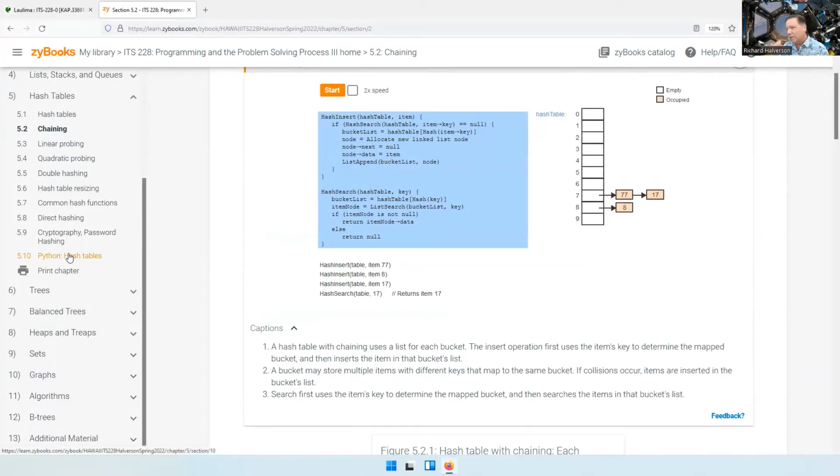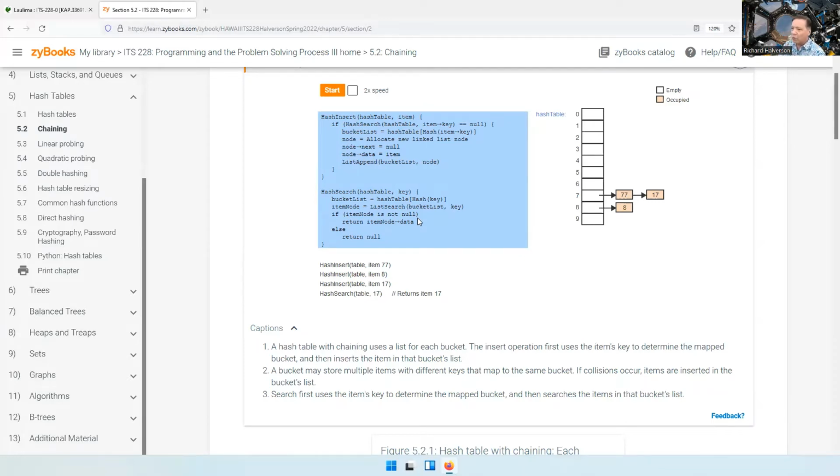But as we will see again, in chaining, this list data structure is described in a way that uses nodes and links to the next node. And of course, in Python, we have a list data structure that works fine.